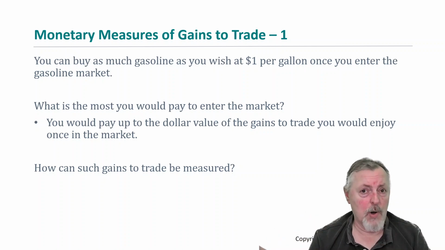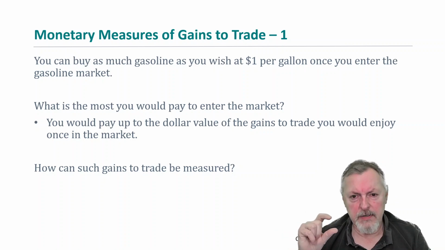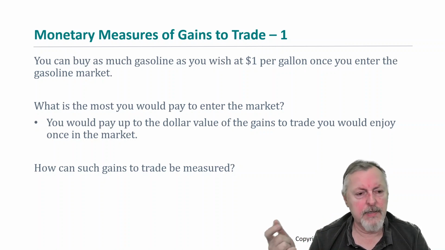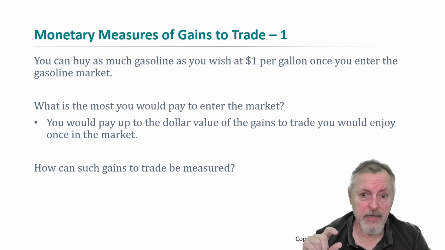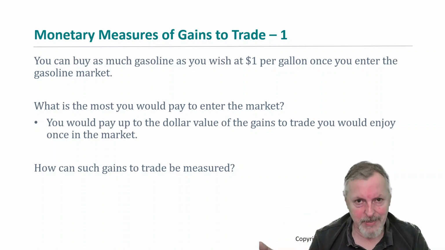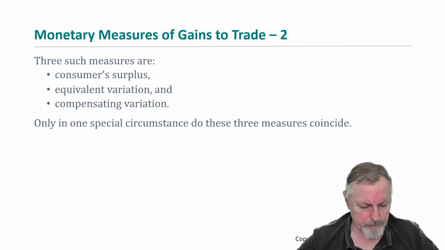Your utility will go up. You'd be willing to pay the dollar value of that utility, the amount of money that to you would be equal in utility to those trades.